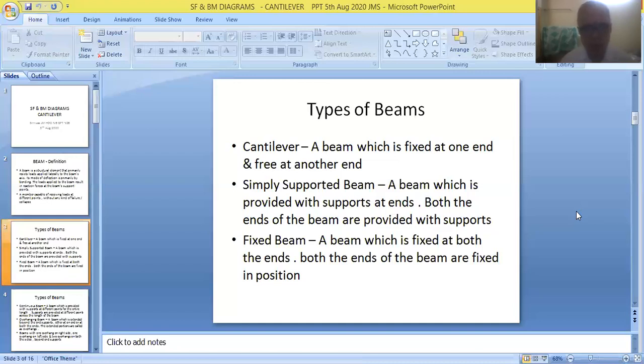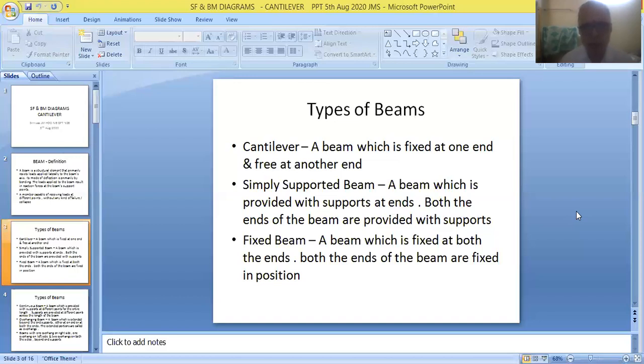So the left end of the beam is provided with one support, and similarly the right end of the beam is also provided with another support. So the ends of the beam are provided with supports for withstanding loads acting on the beam. So therefore it is referred to as a simply supported beam. And the next one is called fixed beam.